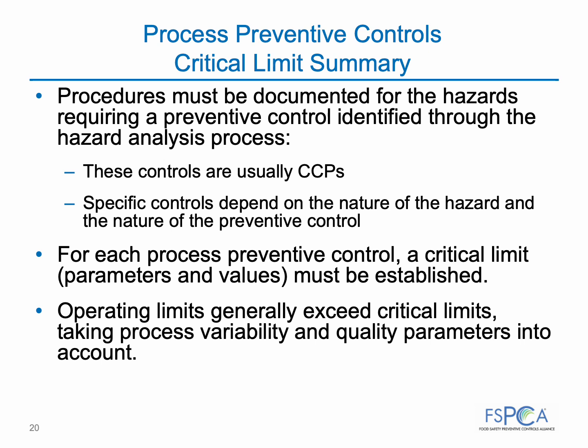Process preventive control's critical limits must be validated to ensure that the values established are effective in controlling the hazard. Operating limits are set more stringently than the critical limits to ensure that the critical limits are not exceeded, considering specifics related to the process variability and product quality.